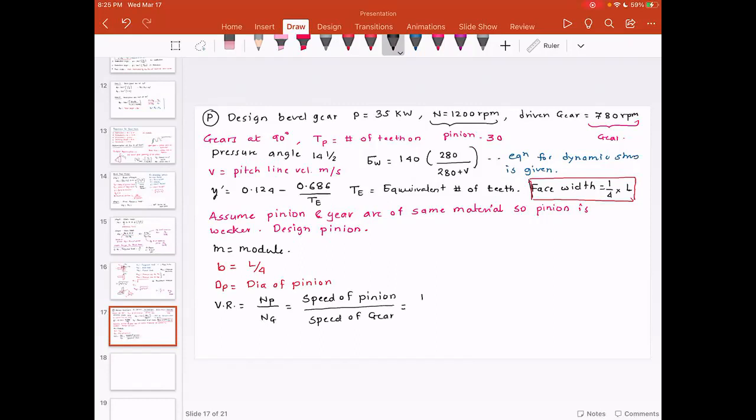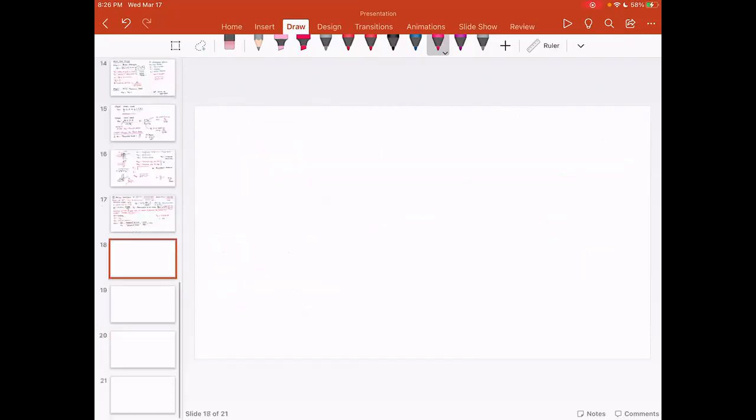It is equal to 1200 divided by 780. And the number of teeth on the gear, TG, is equal to the gear ratio multiplied by 1.53 multiplied by 30. So it's approximately 46. So what we are going to do is we are going to use this information to find the semicone angle.